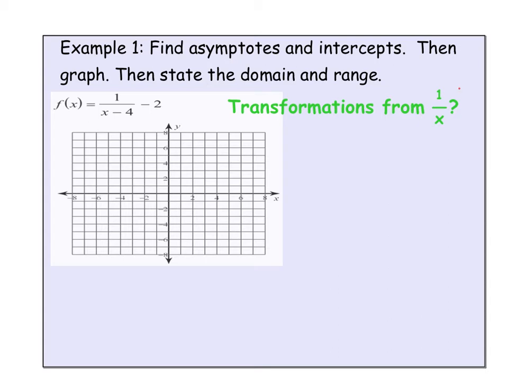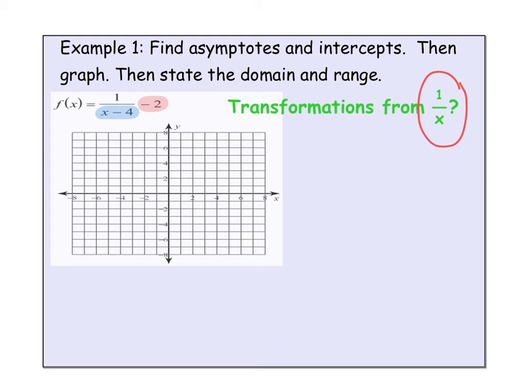So here's the parent function that we just looked at. We know that one has asymptotes on the y-axis and on the x-axis. If we think about the shifting that's going on, we can figure out where the new asymptotes will end up. Okay, here's what I mean. I see a -4 transformation on the inside of the function, and I see a -2 outside.